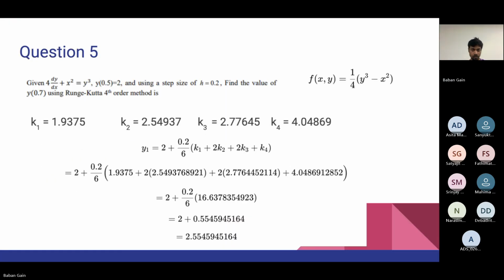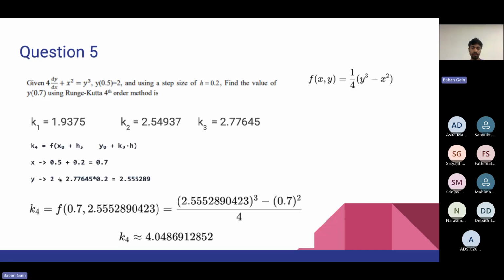The k4 formula is x0 plus h, and y0 plus k3 into h. So here, since you have h, you will get 0.7, that is 0.5 plus 0.2. And here you have 2, which is the y0, plus the k3, which is 2.77645, into 0.2, which is the step.